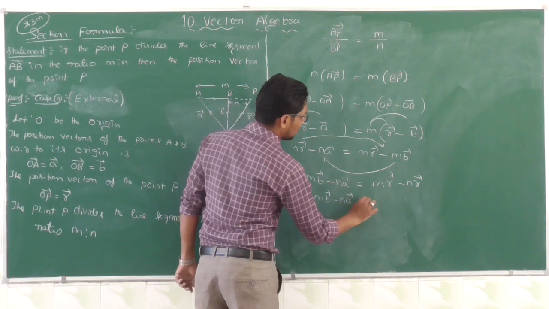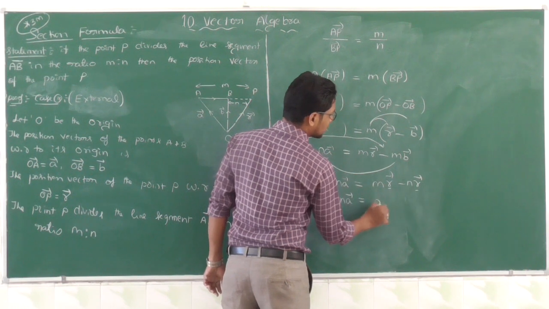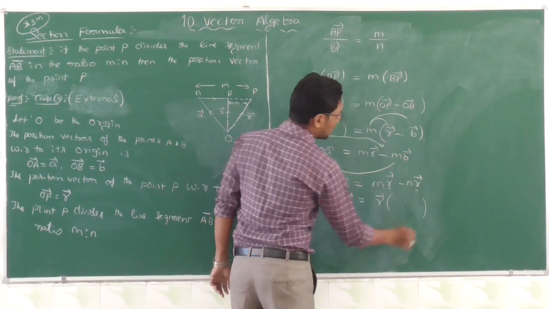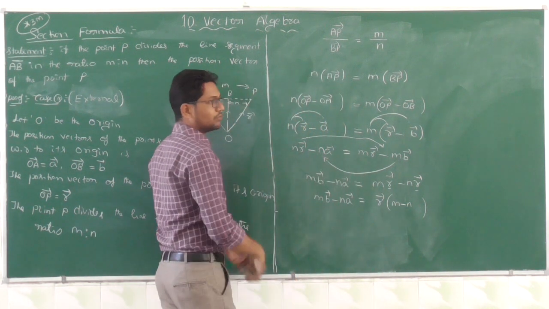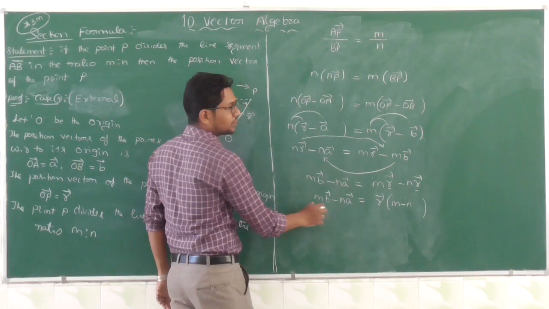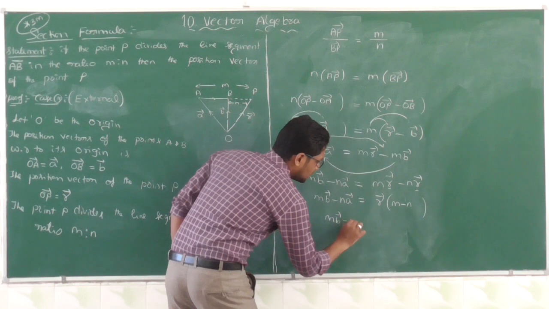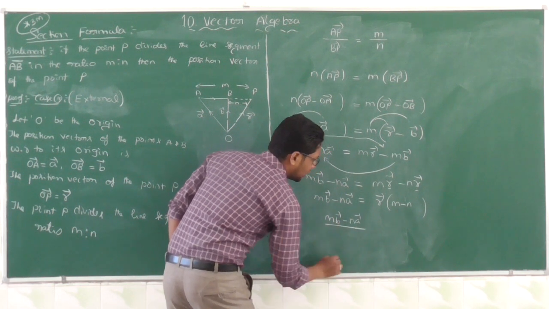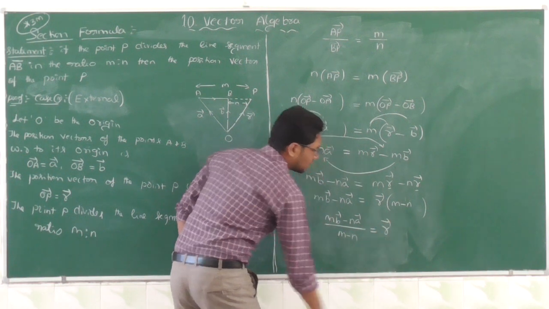Take R vector common, then m minus n. What we are going to find is R vector. Send this m minus n to the left, so it will divide. Then m B vector minus n A vector divided by m minus n equals R vector.